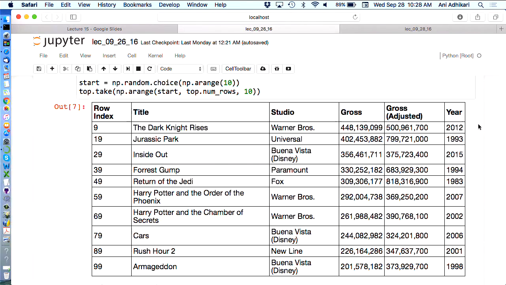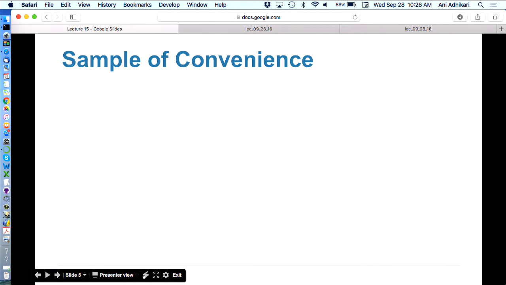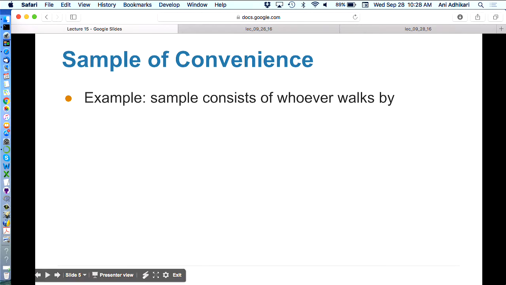Here is something that is not a random sample. If you stand at a street corner and take the first 10 people that pass by, you might think to yourself, well, I don't know who's passing by, it's totally random. Okay, perhaps in some colloquial sense of the word random, but that is not a random sample.